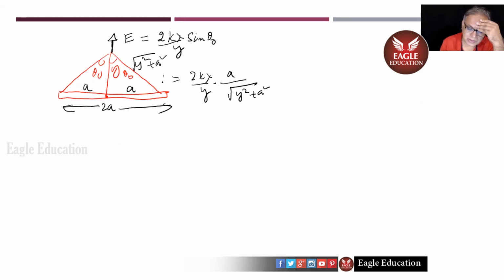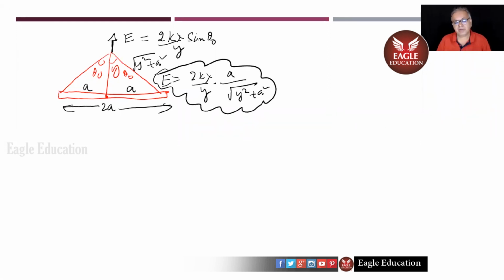This is another way of expressing the same E, where a is half the length. So we are taking many cases from here and trying to write them in various ways.